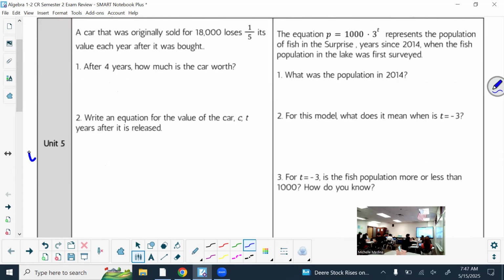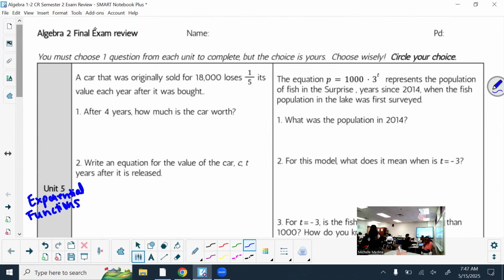Okay, good. So keep that in mind when you're doing the questions from unit 5, because exponential functions has a certain formula that we do expect you to remember, although it has been a couple months. You're gonna see it in geometry, algebra 4, so it's a pretty important one.